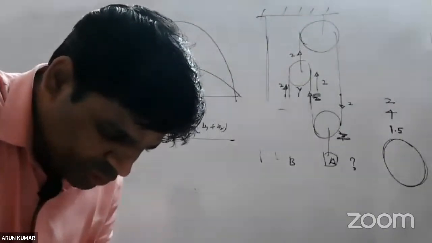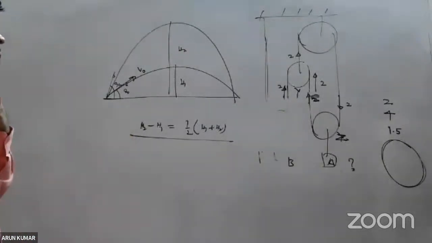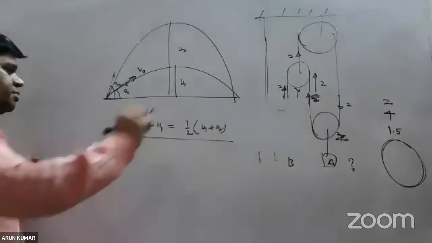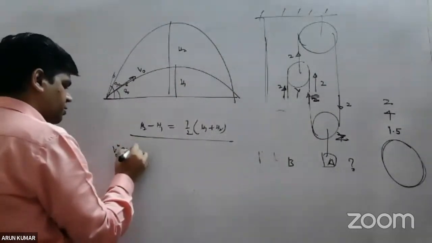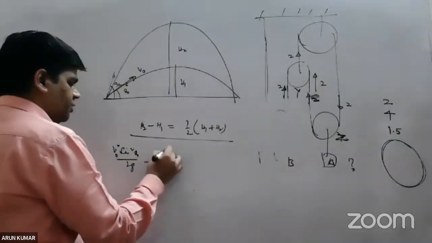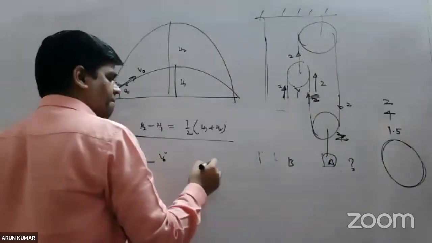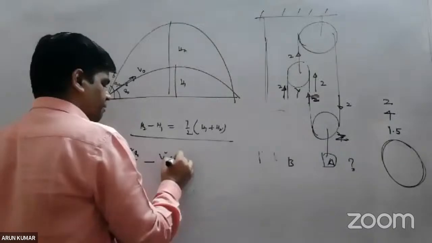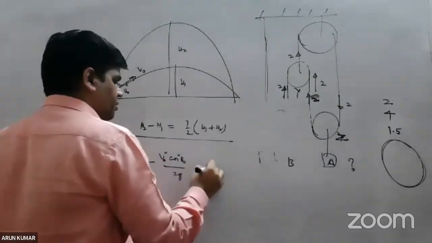Then the angle of projection for the stones is. Substitute V naught square sine square theta by 2g minus V naught square sine of 90 minus theta, that is cos theta. Correct.